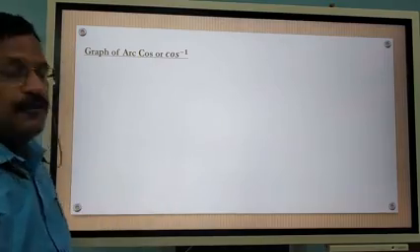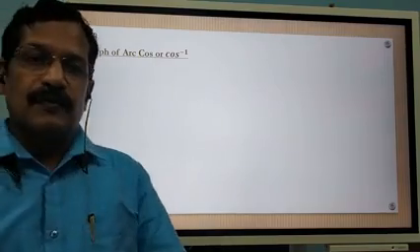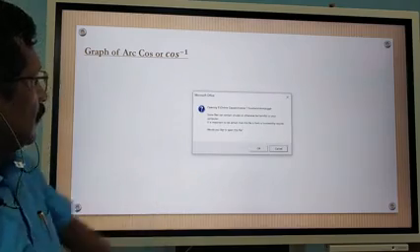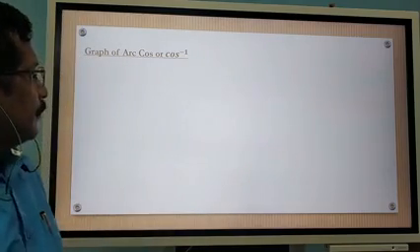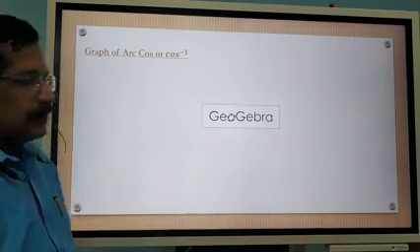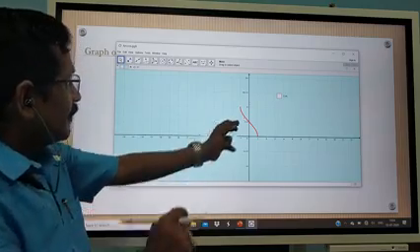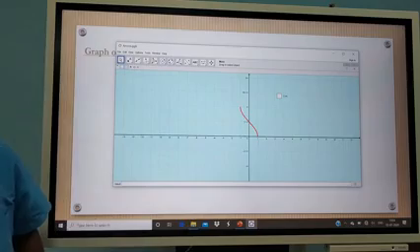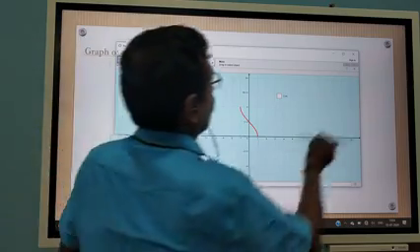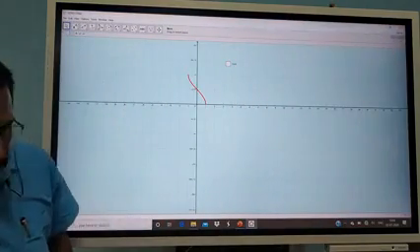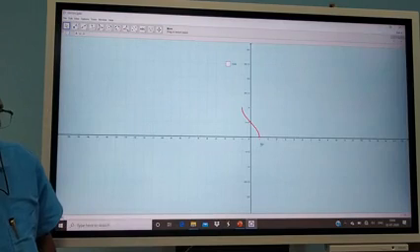Now, what will be the graph of arc cos, cos inverse? Arc cos means cos inverse. You can see this is the graph of arc cos, otherwise cos inverse. Let me zoom it here.